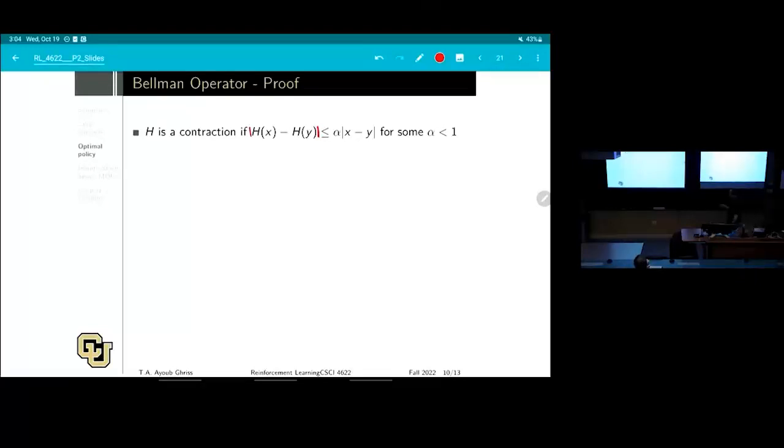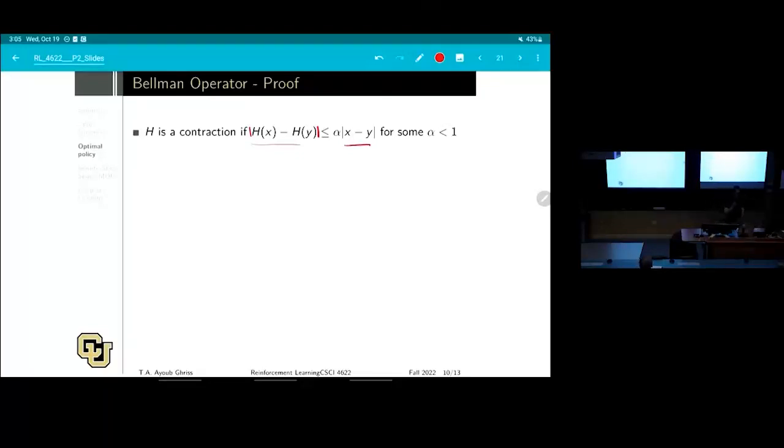We call H a contraction if the distance between the images of two elements is less than the distance between the two elements themselves.